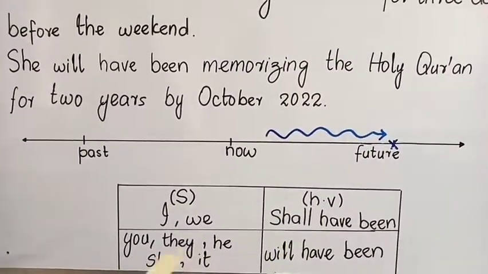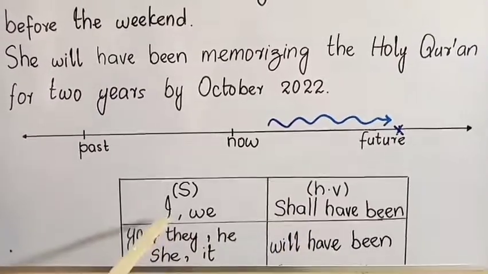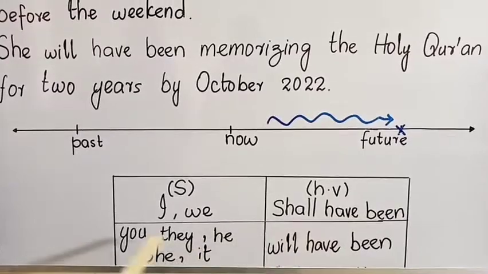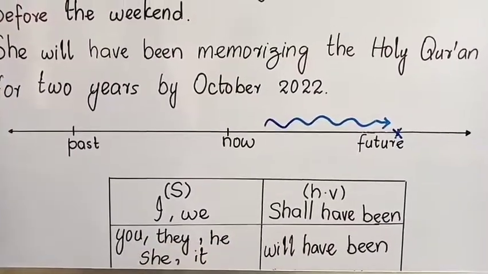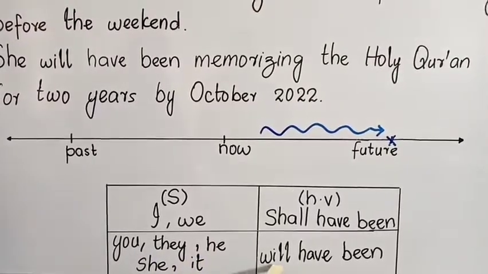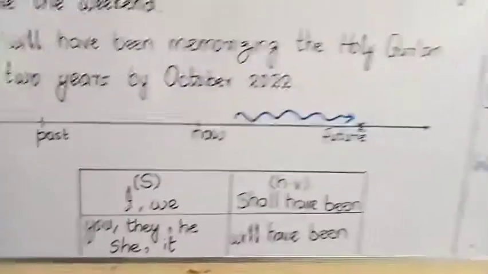So for subject and helping verb combination, we use I and we with shall have been, and you, they, he, she, it with will have been. So come to the formulation.